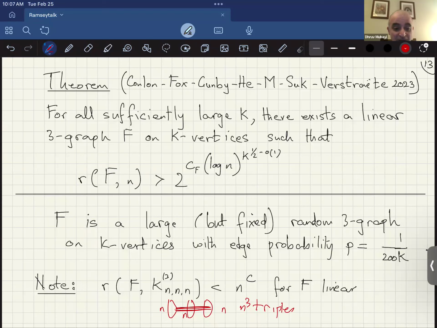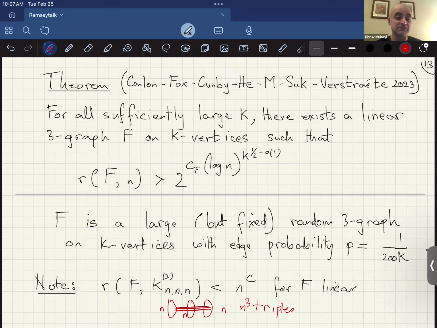But this is the first example of a hypergraph where the Ramsey number with the complete three-partite is polynomial. This is very easy to show. It's known using many methods in pseudo-random hypergraphs or just hypergraph Ramsey theory. But if you look at the Ramsey versus a clique, it's not polynomial. So this is a fundamentally new phenomenon that we didn't know existed.